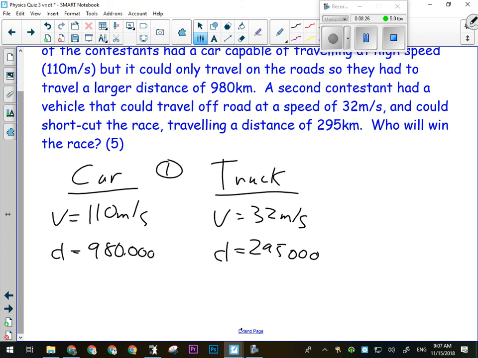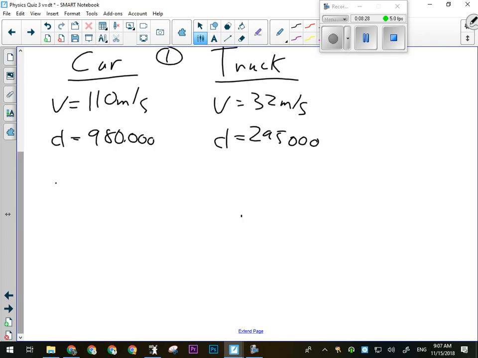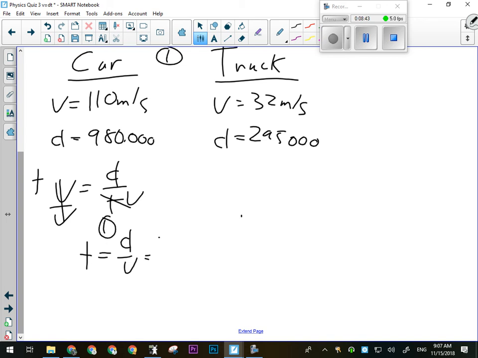We need to calculate the time for each one of the vehicles. So that's going to require us to take v equals d over t and solve again for t. So we're going to multiply both sides by t, and divide both sides by v. So t equals d over v. Give them a mark if they have that manipulation.